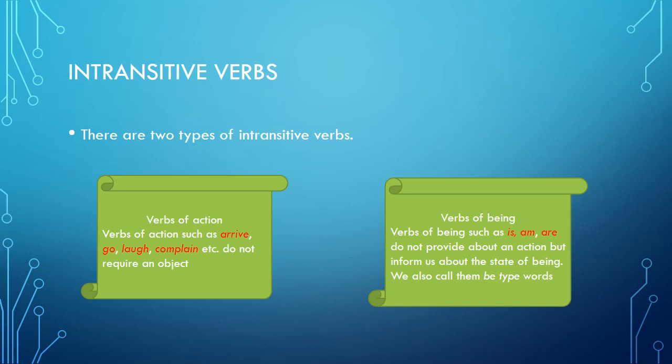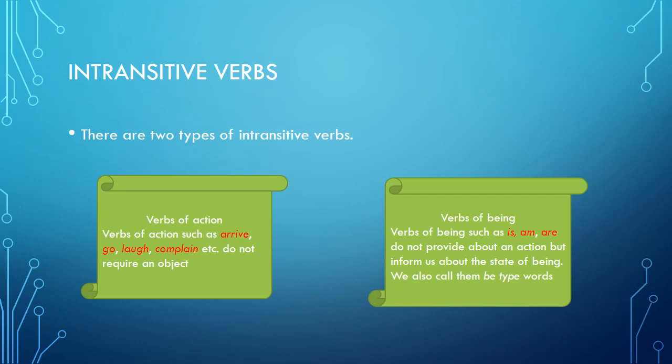The phone rings. She complained. I laugh. He goes. All these do not require an object to complete their meaning and indicate an action. That's why they are called intransitive verbs.